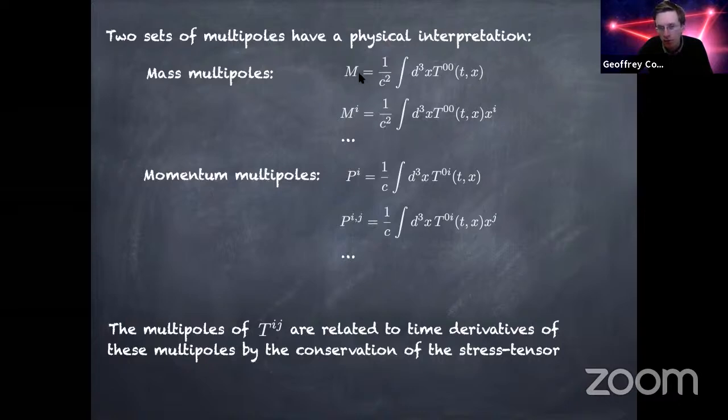This is the mass monopole, or the mass. This is the mass dipole. So there are also momentum multipoles, which are given by the 0i components, and higher momentum multipoles. So to understand better, we need to relate the multipoles of Tij to these multipoles. And in fact, these multipoles are related using the conservation of the stress tensor.